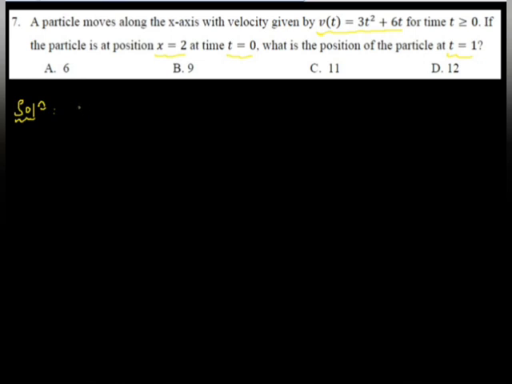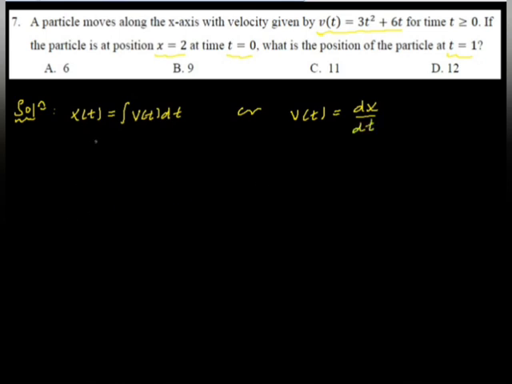We know that the position of a particle at a time t can be calculated by the integral of the velocity of the particle, or the velocity of the particle at a time t is the rate of change of the position of the particle at a time t.